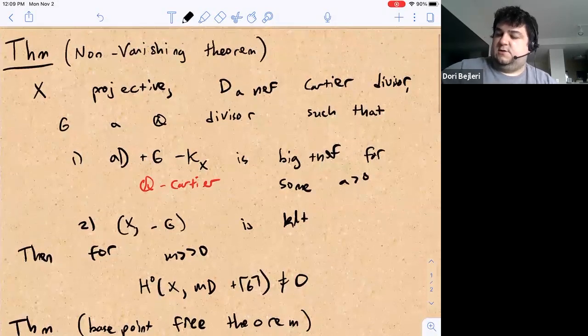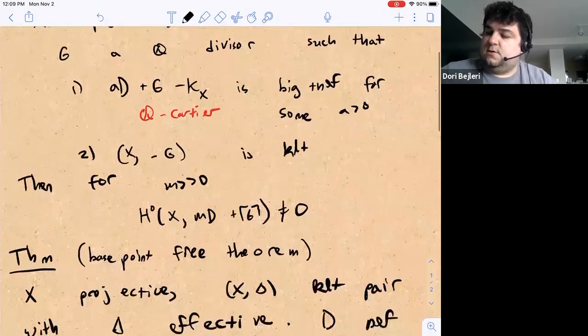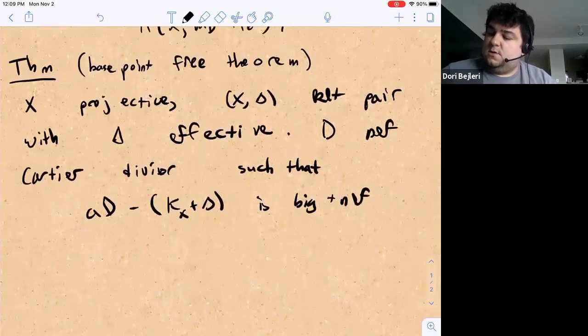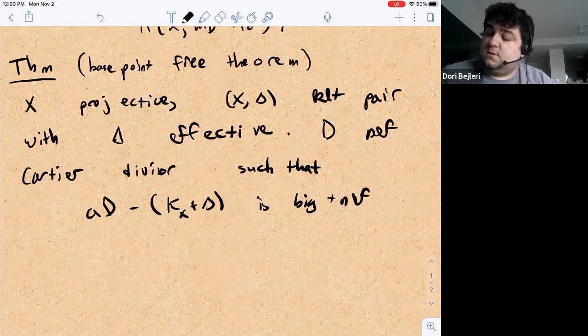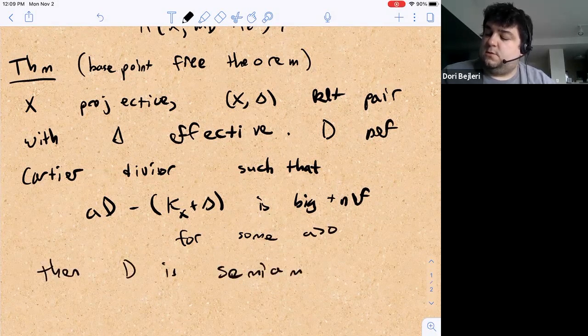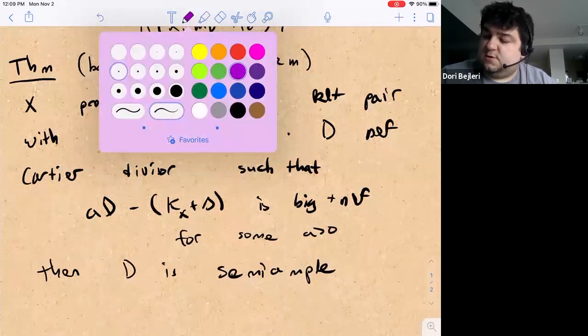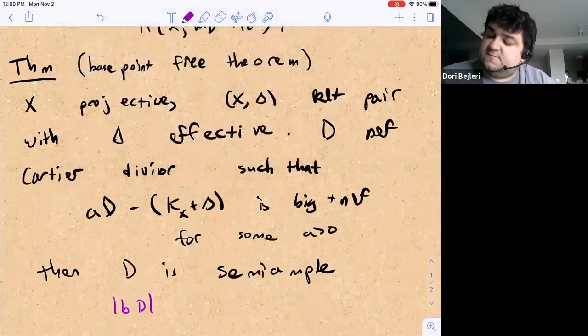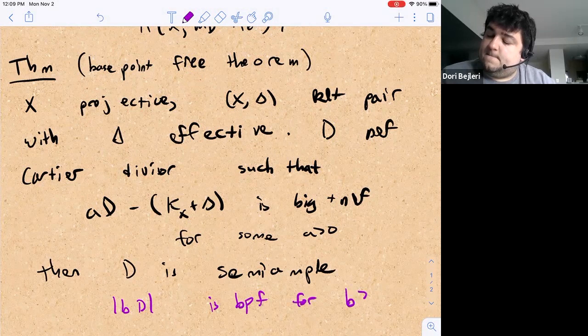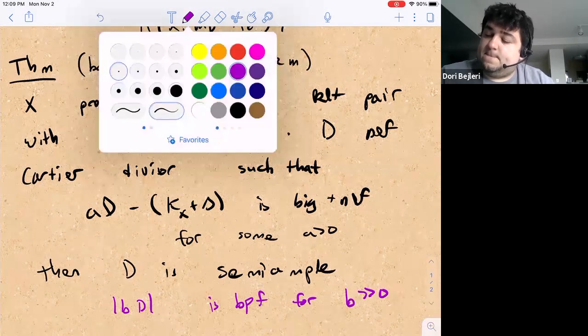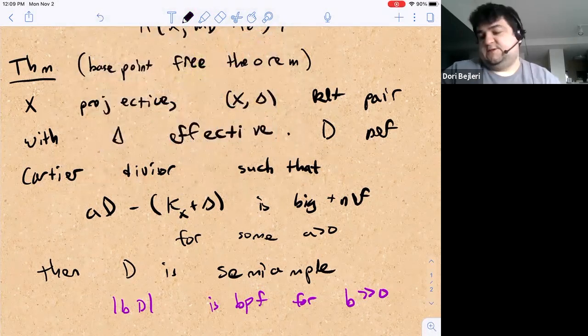Here it was really a condition on our choice of G. Then D is semi-ample, i.e. some large enough multiple is basepoint free. Okay, so that's the basepoint free theorem.